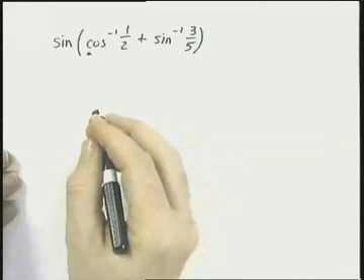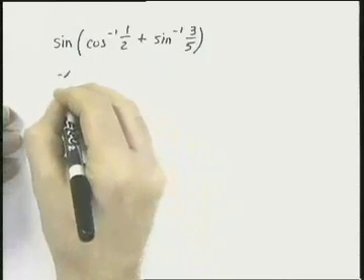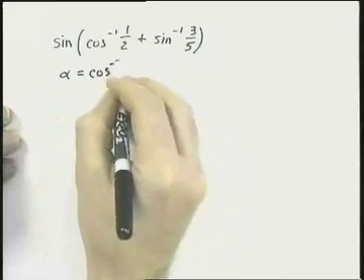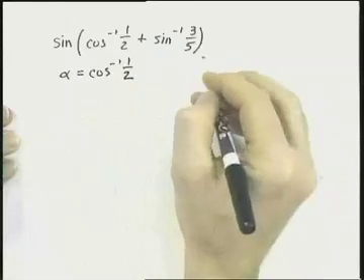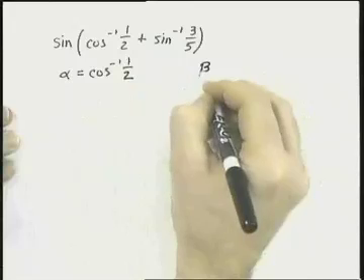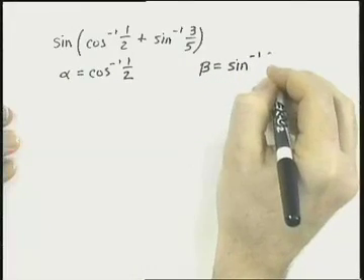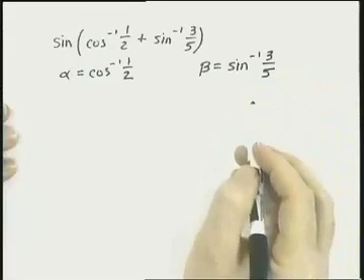If we think of the inverse cosine of 1/2 as some angle alpha, we would have that alpha equals the inverse cosine of 1/2. We could think of the inverse sine of 3/5 as some angle beta. So we'd have beta is the inverse sine of 3/5.